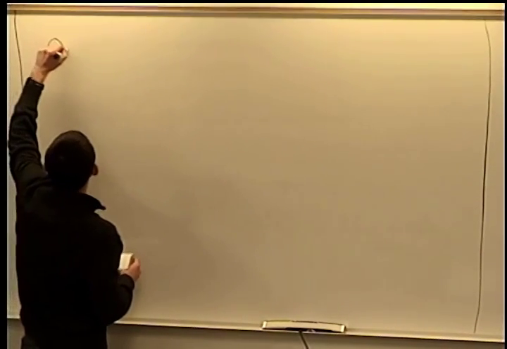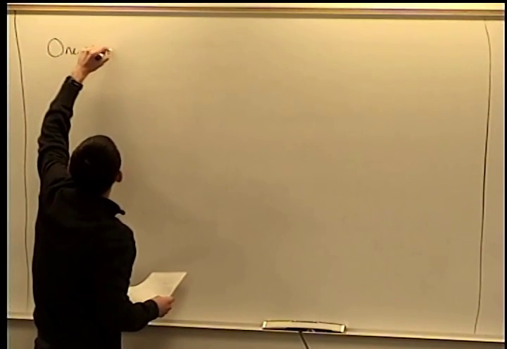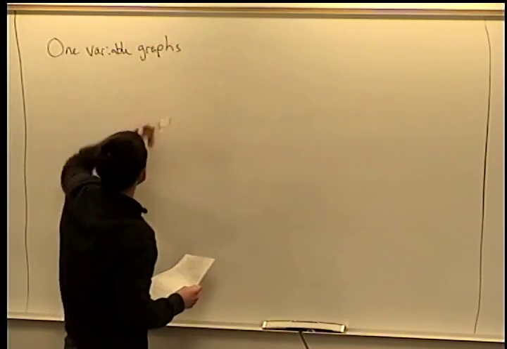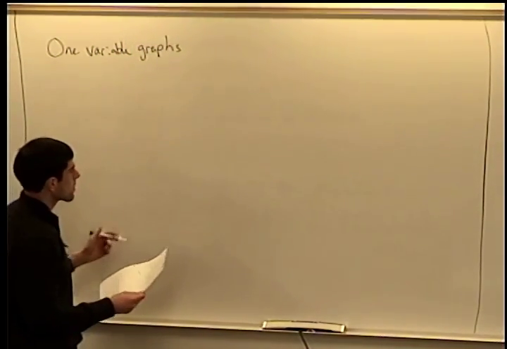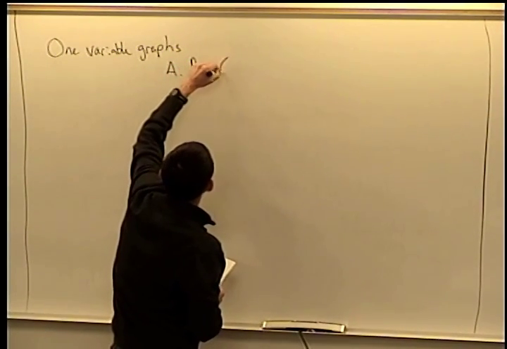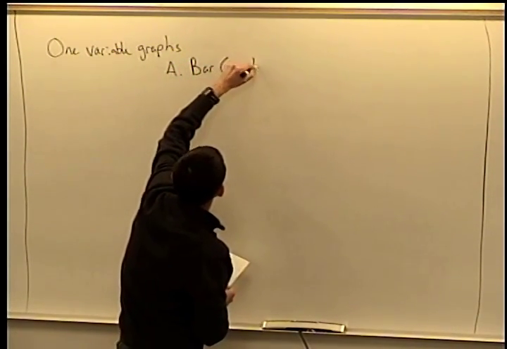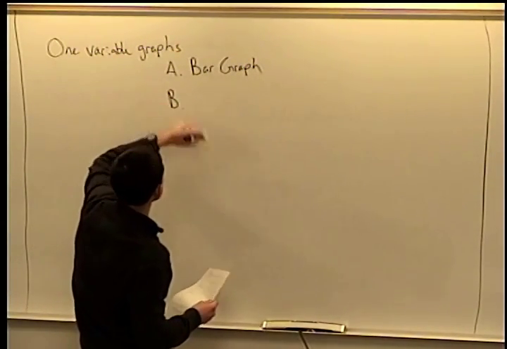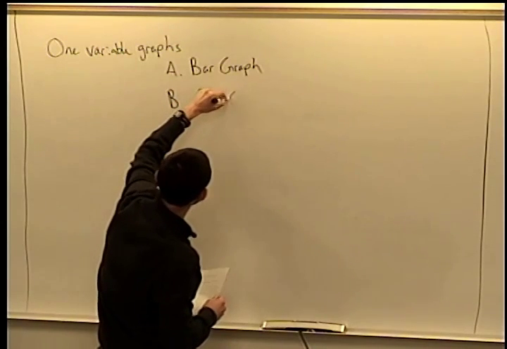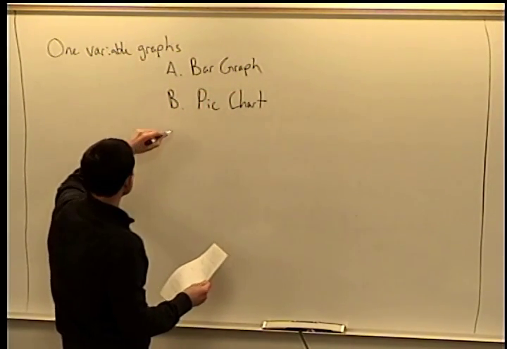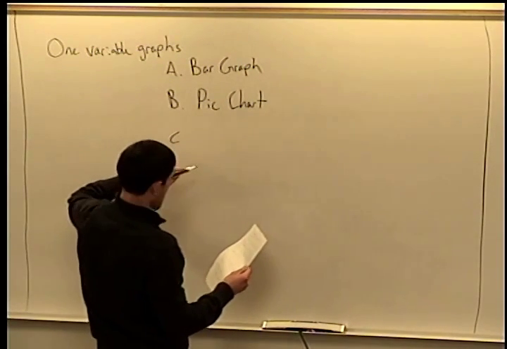Okay, so we have one variable graphs. And there's a few different types. So the first one may be a bar graph. The second type of graph that we might use may be a pie chart. And the third type might be like a time series or a line graph.